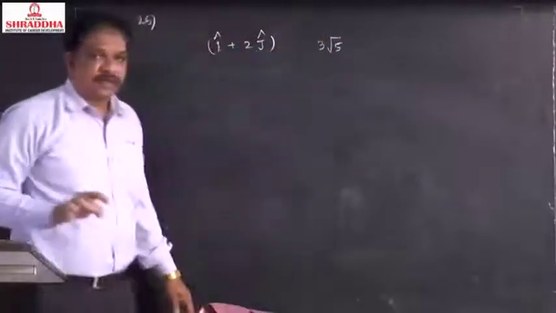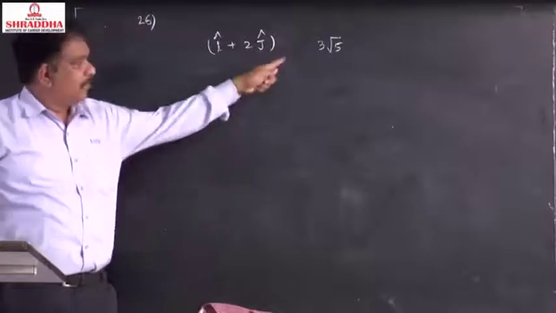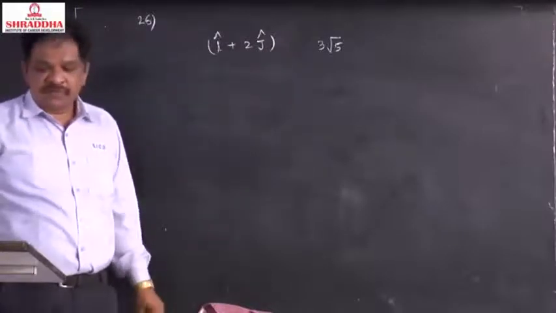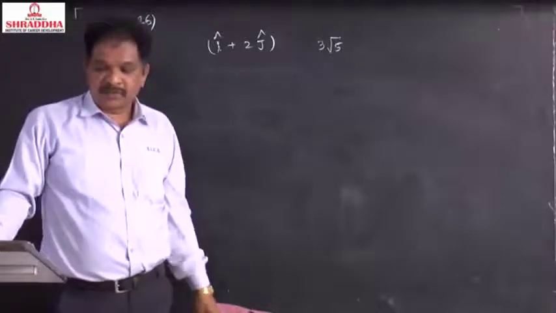For this vector, one more vector is perpendicular, and its magnitude is 3 root 5. Then what is that vector? That is the question.